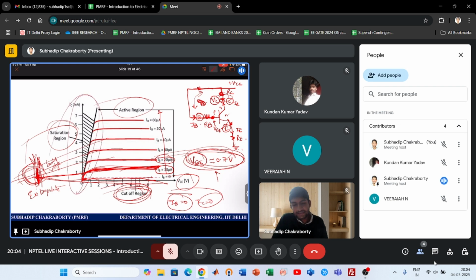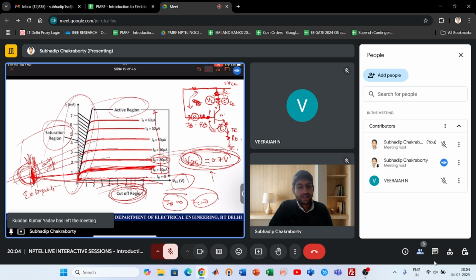Then what is the saturation region? This saturation region is a region where the VCE is something other than positive. Now, if it is so, then it will lead to a very small amount of current, right? It will almost cease to zero.